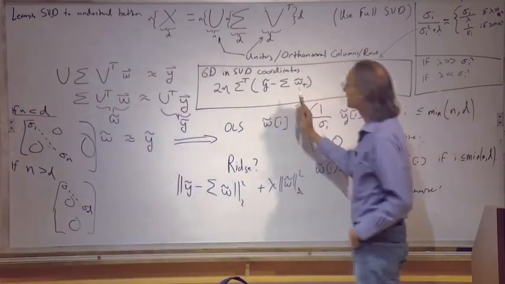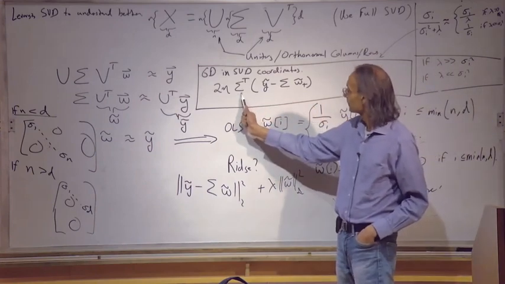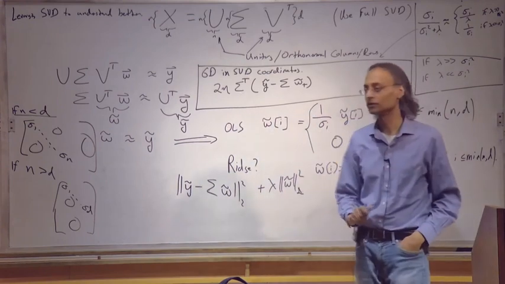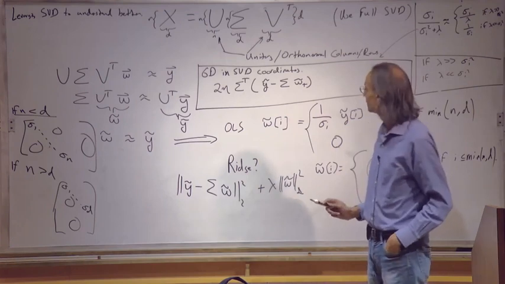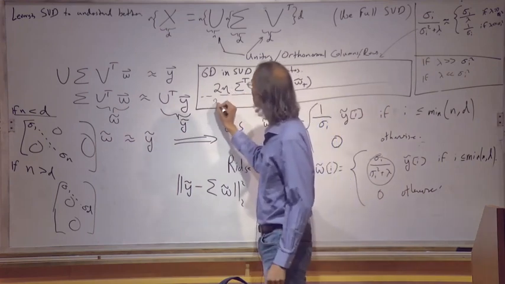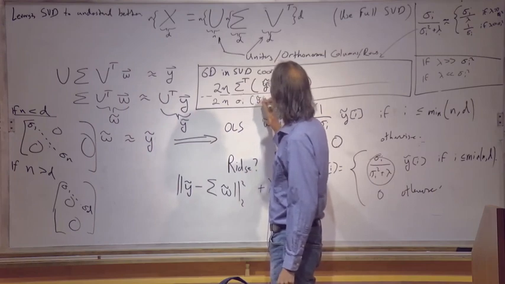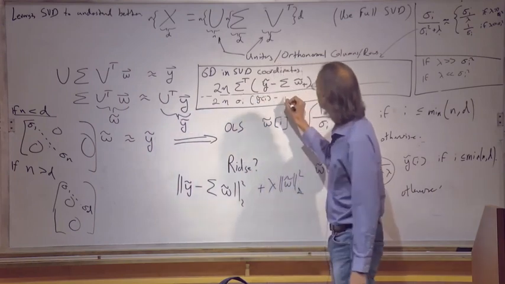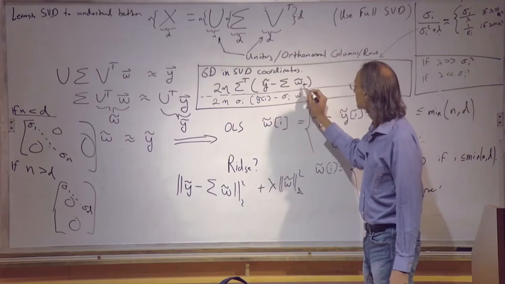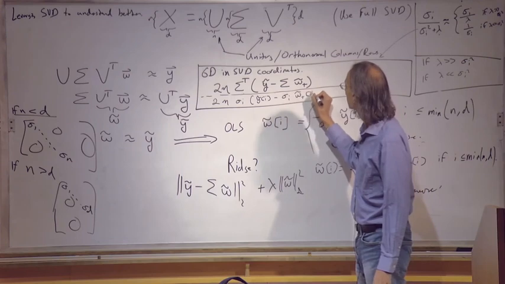So what's happening is, look at this sigma transpose out here. Let's look at it in terms of the ith coordinate. So the ith coordinate is moving like this: 2 eta sigma i (Y tilde i minus sigma i W tilde i).